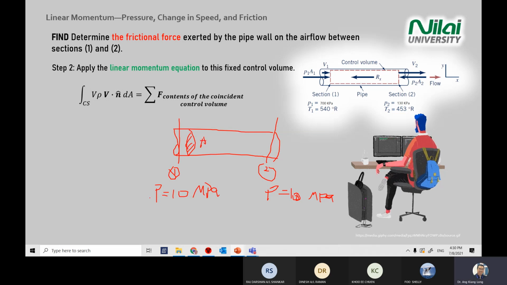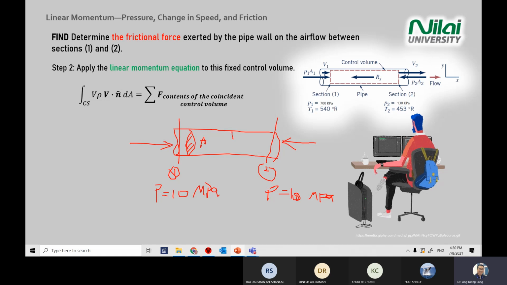So you need to be smart enough to convert between pressure and forces. Again, I expect you to know how to draw the free body diagram by adding this arrow. Pressure will be acting on these two.